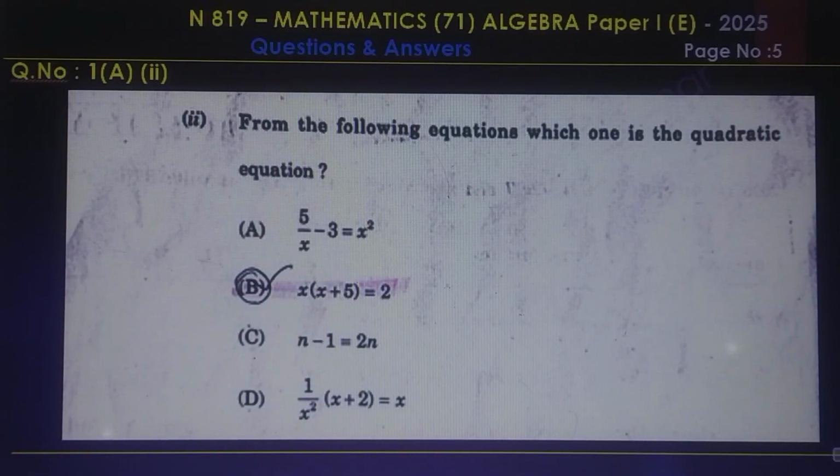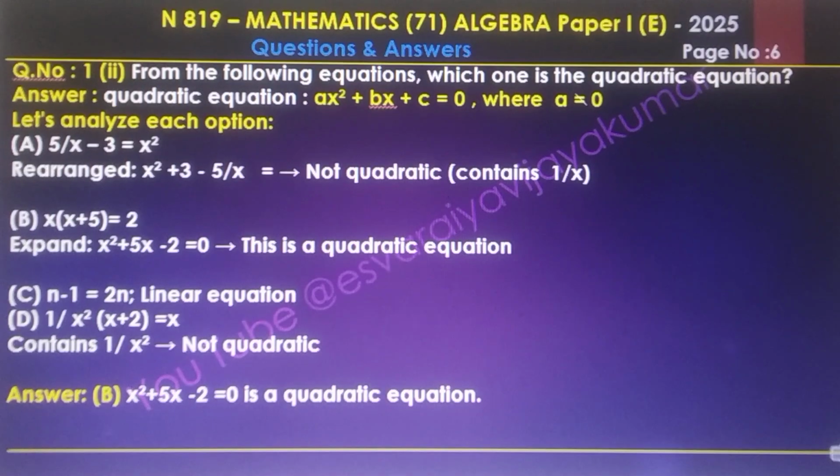Question number 2. Answer is B. x plus y equal to 2. The brief answer and explanation of this question: a quadratic equation has the form a x square plus bx plus c equal to 0, where a not equal to 0. Option A, a upon x minus 3 equal to x square, on rearranging gives x square plus 3 minus 5 by x, that is not a quadratic equation.